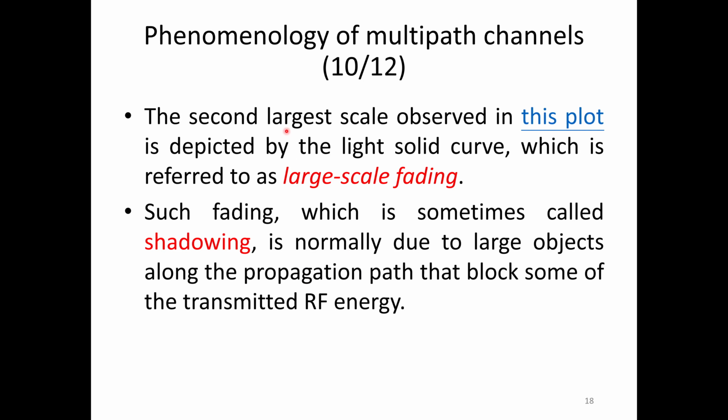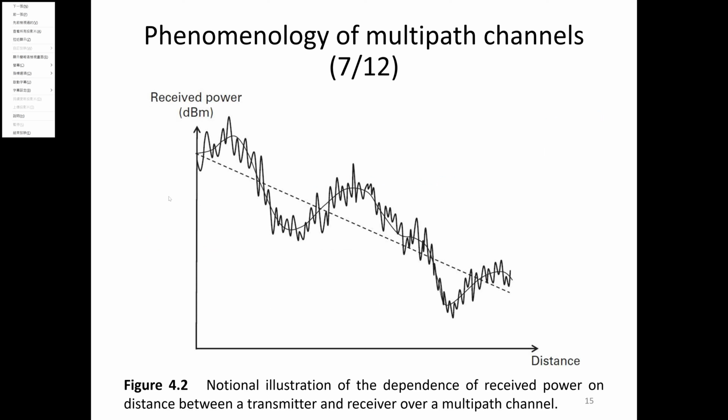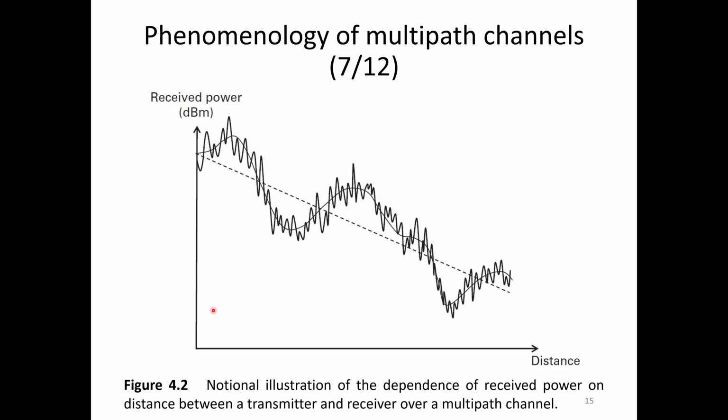The second largest scale observed in this plot is depicted by the light solid curve, which is referred to as large-scale fading. Okay, let us go back to this plot. So in figure 4.2, we are talking about this curve.